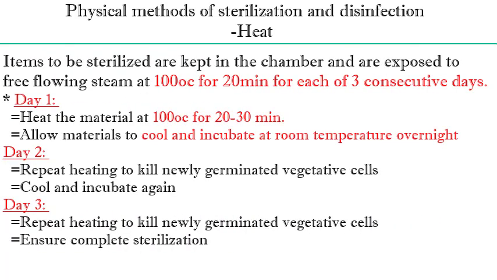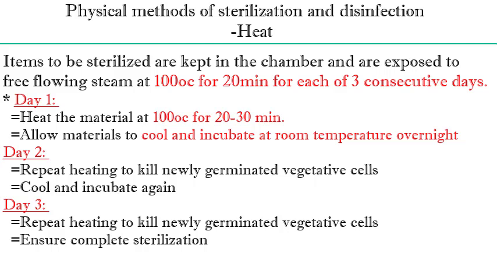Items to be sterilized are kept in the chamber and are exposed to free-flowing steam of 100 degrees Celsius for 20 minutes for each of 3 consecutive days. Day 1, heat the material at 100 degrees Celsius, that is steam or boiling water, for 20 to 30 minutes, then allow the materials to cool and incubate at room temperature overnight.